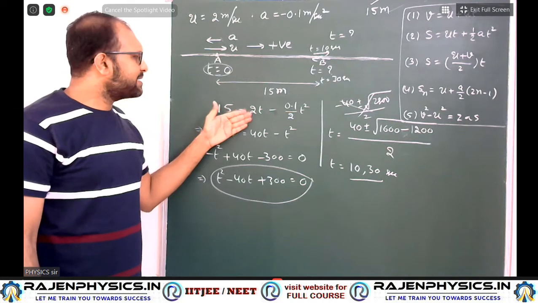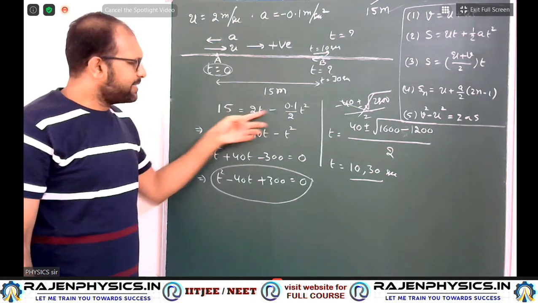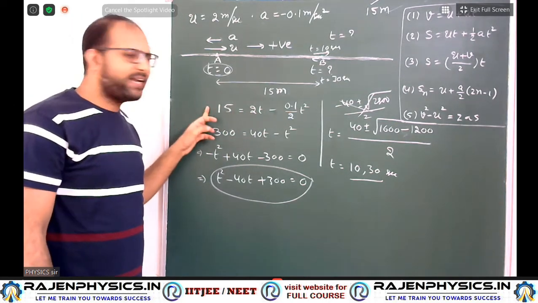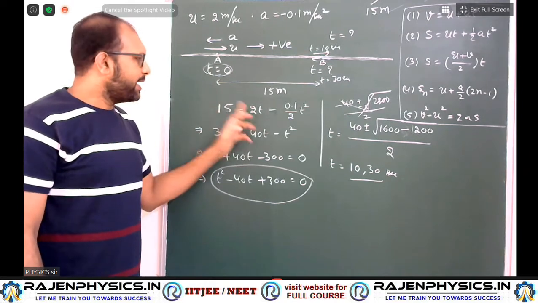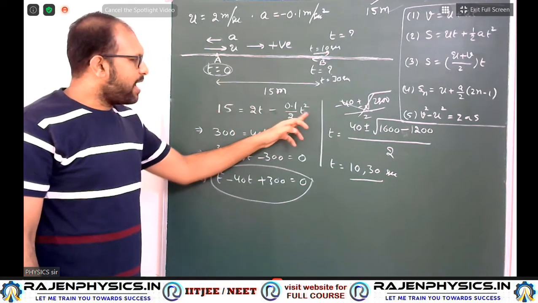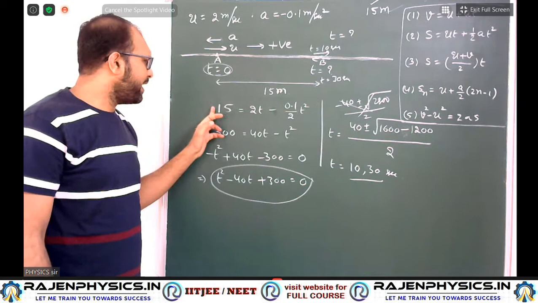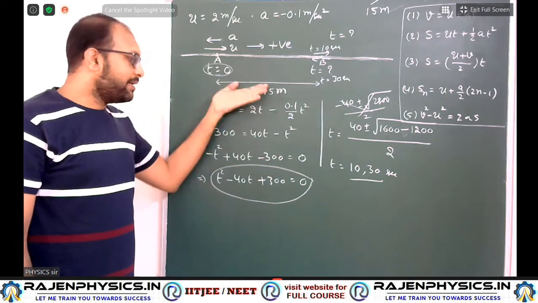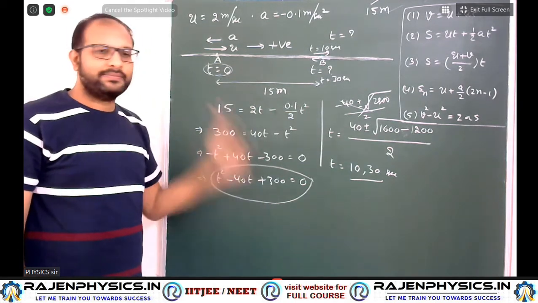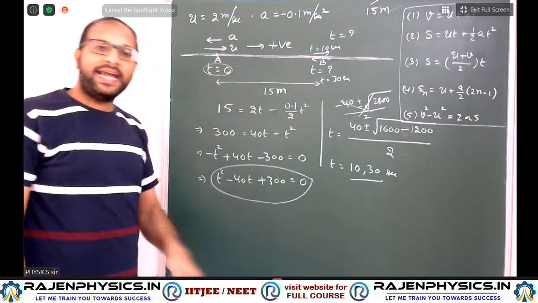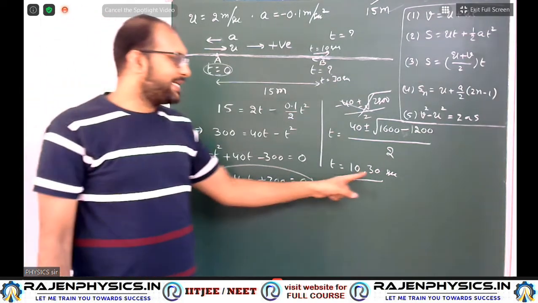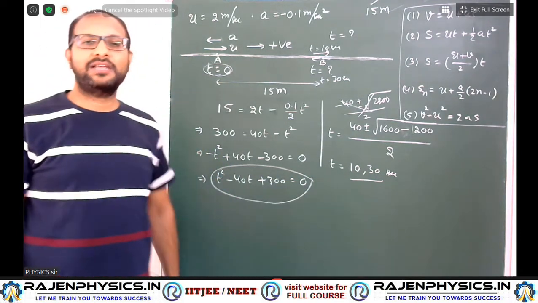Remaining as it is, again 2t, this is the same equation. Just here take minus 15 in that sum. Remaining ut plus half a t squared, everything same. Just here minus. Then after solving, you will get another answer other than 10 and 30.